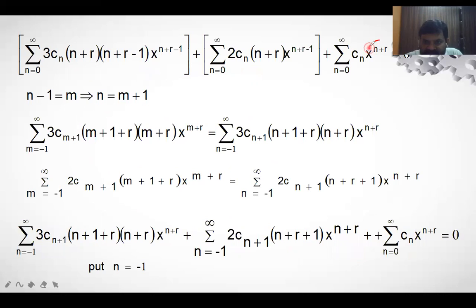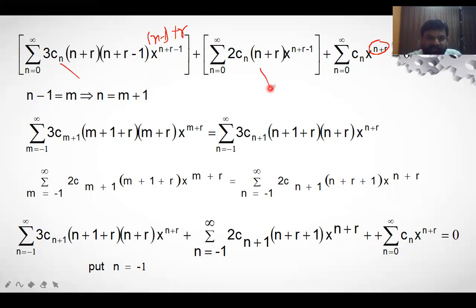So in the first two terms, write n minus 1 plus r, and put a dummy variable in place of n minus 1. Put n minus 1 equal to m, therefore n equal to m plus 1. Substitute these values in the first term and second term.